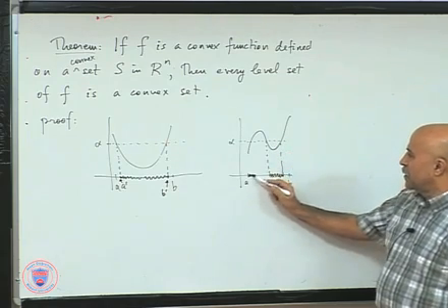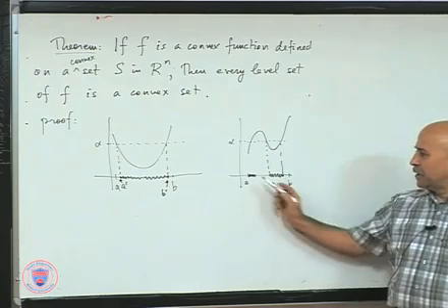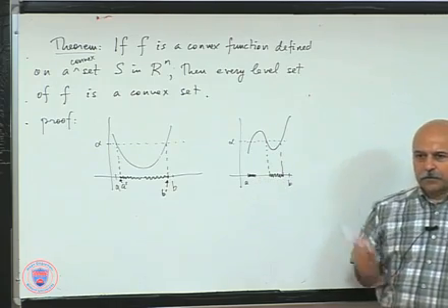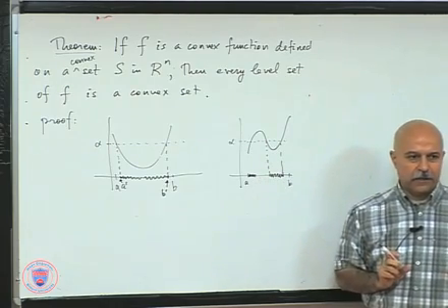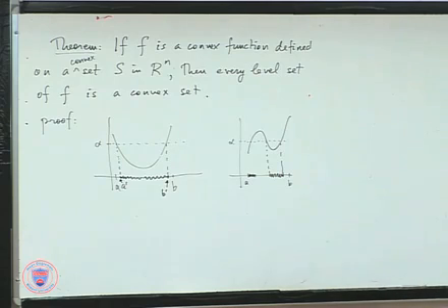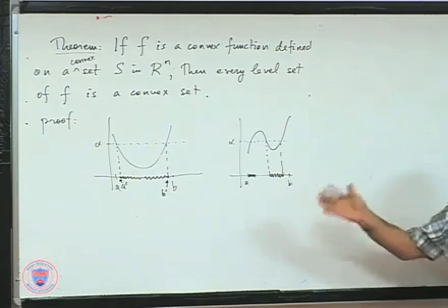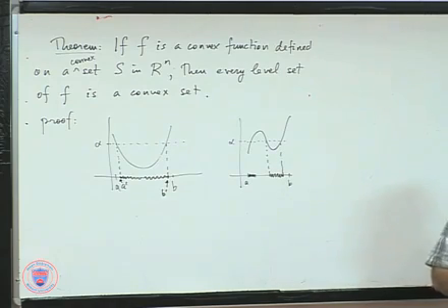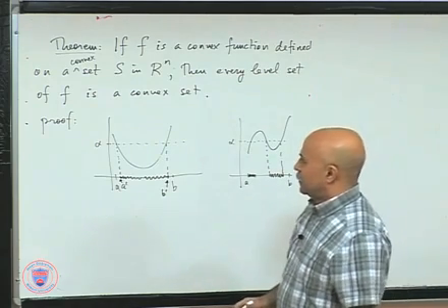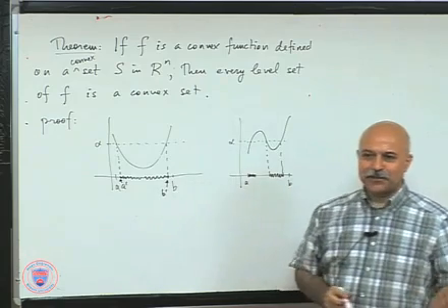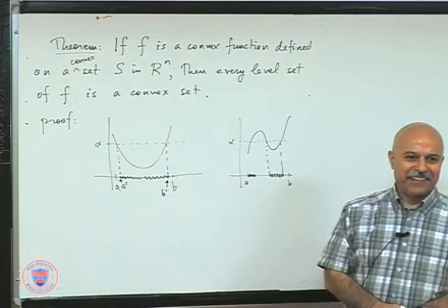So in this case, the level set consists of these two segments or closed intervals, and that's a disconnected set, so it's not convex. Okay? So it illustrates the basic idea here. So maybe we could use the picture as a proof.